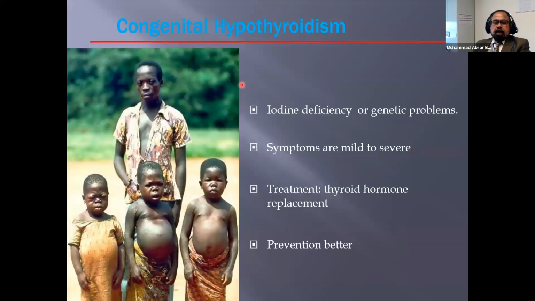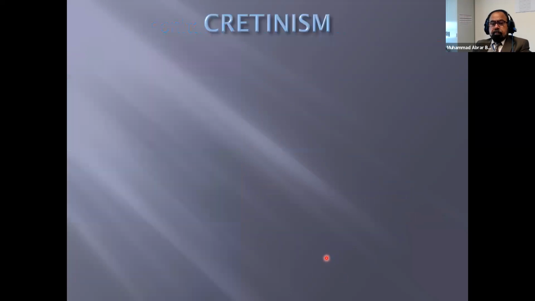Okay. There is another condition called congenital hypothyroidism, in which there is iodine deficiency or a genetic problem in these children, and the symptoms are mild to severe depending on how much the thyroxine level is decreased. The treatment for this is thyroid hormone replacement. If you give thyroid hormone, they will become all right.